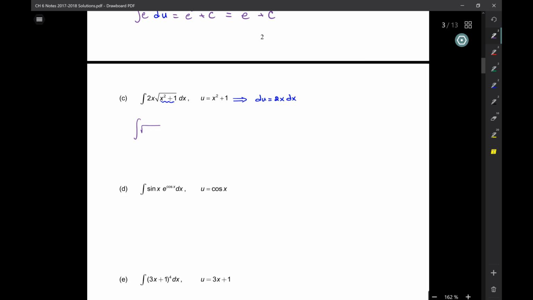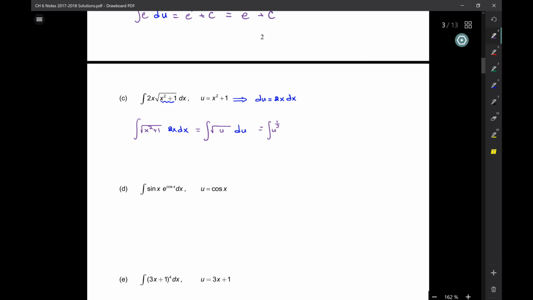I'm going to rearrange this again. I'm going to write this first and then put in my leftovers, which is a 2x and a dx. So now this is the integral of the square root of x squared plus 1. But what is x squared plus 1? U. And then 2x dx is just du. So now, back to chapter 5.